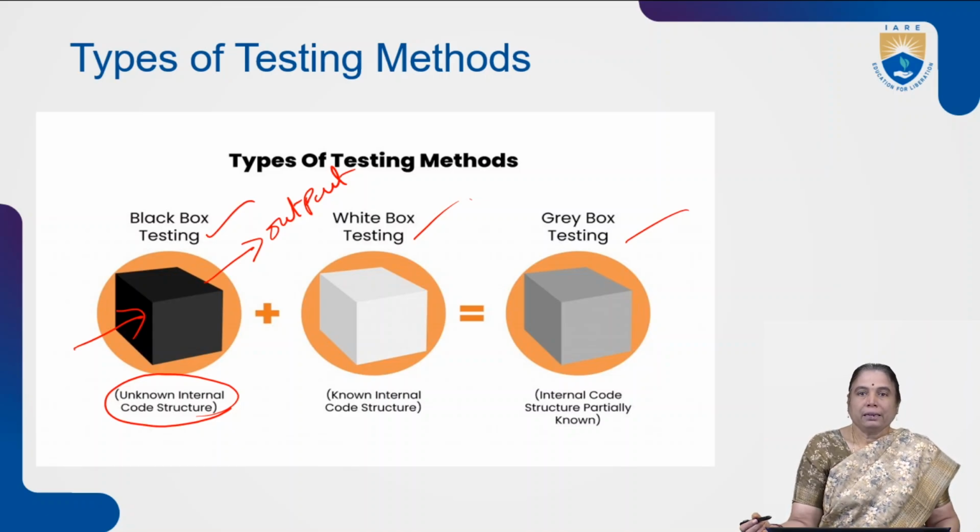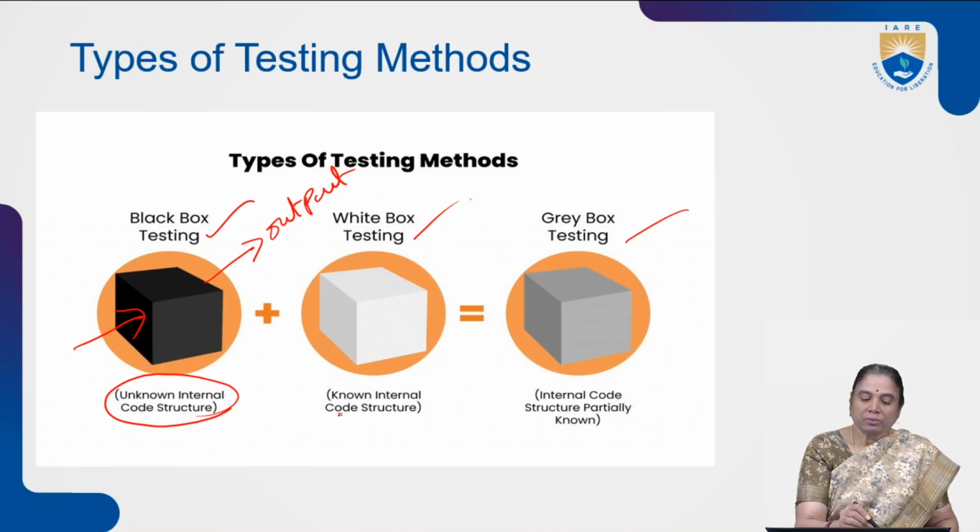The second category is white box testing. In white box testing, the program structure is taken into account. So here the internal code structure is known, so the logical paths, condition paths and looping paths of the program are considered, and the test cases have to verify that each path is covered in the program.